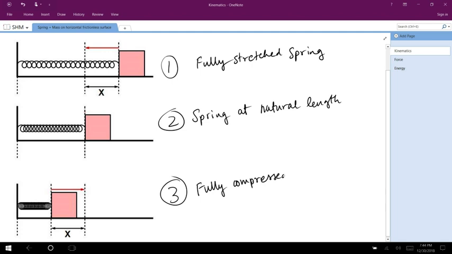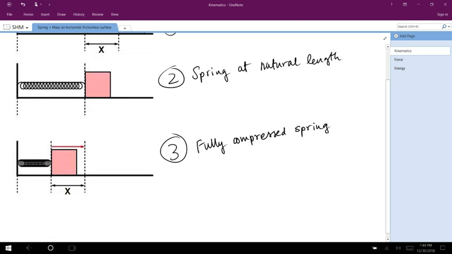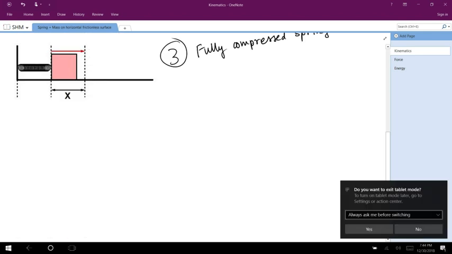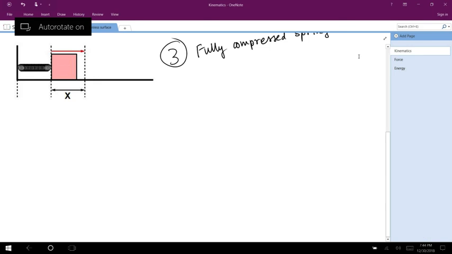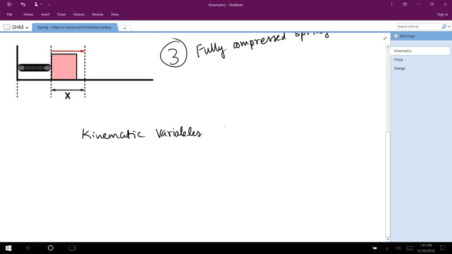So when I say that I want to analyze this problem from the point of view of kinematics, the first thing I should do is talk about my kinematic variables. So what are the appropriate kinematic variables in this problem? Examples of kinematic variables are position, velocity, and acceleration.